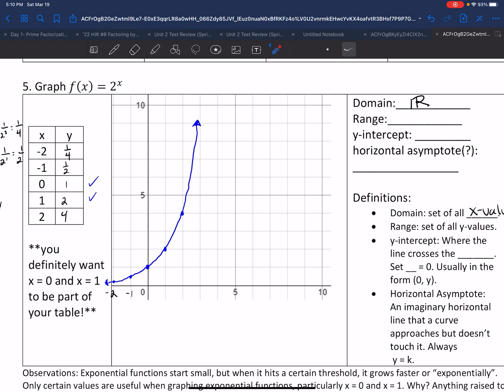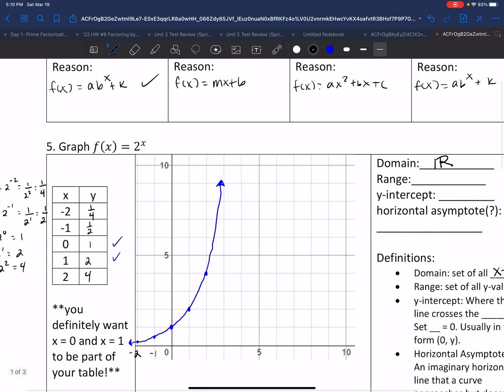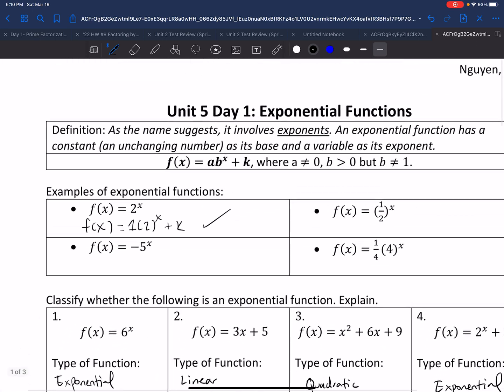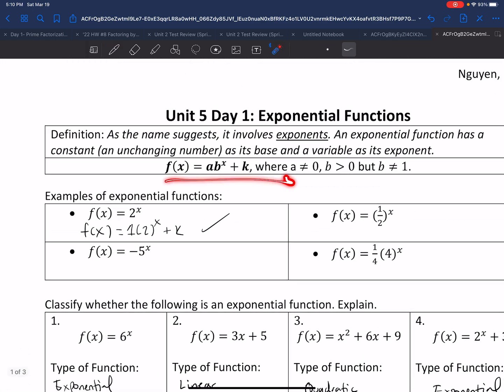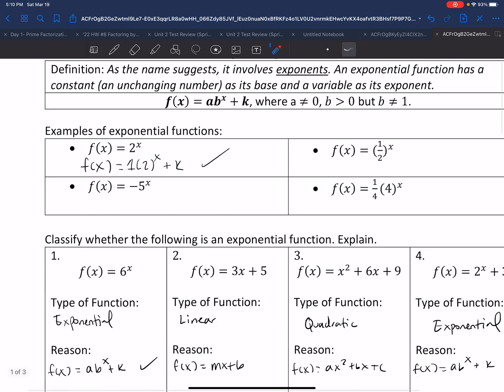Now, let's go back to this function over here. f of x is equal to 2 to the x power. I am going to rewrite it so it looks like this, right? f of x is equal to a times b to the x power plus k.